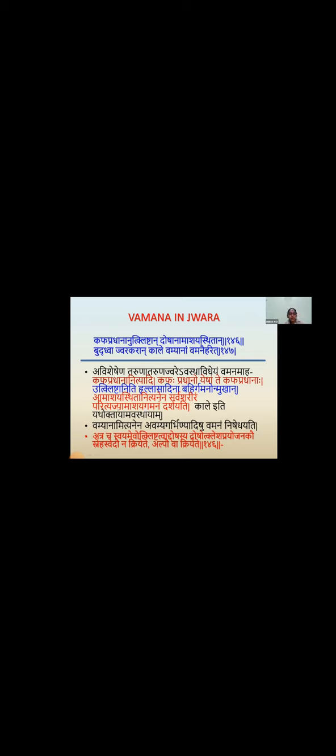So whenever the doshas, which were vitiated and spread throughout the body, have left the srotas and come to the amashaya, ready to be eliminated, in such condition only we have to give vamana.